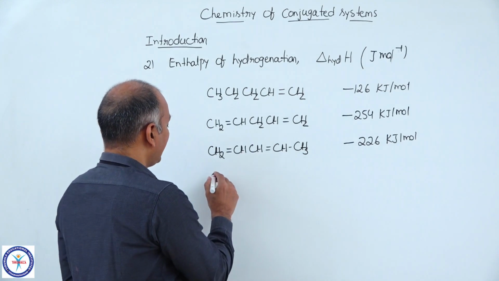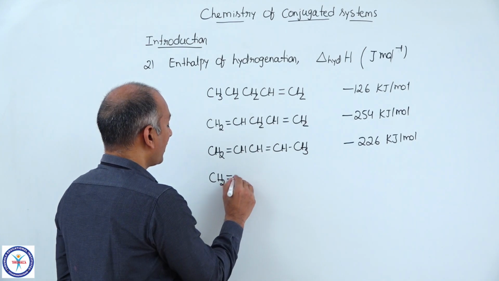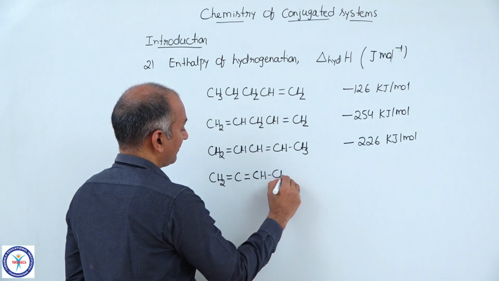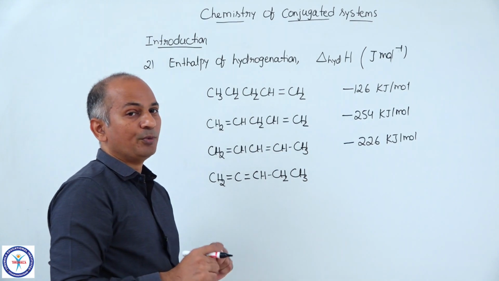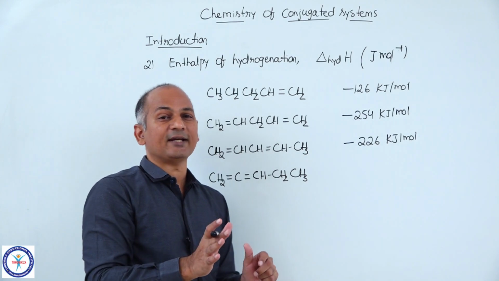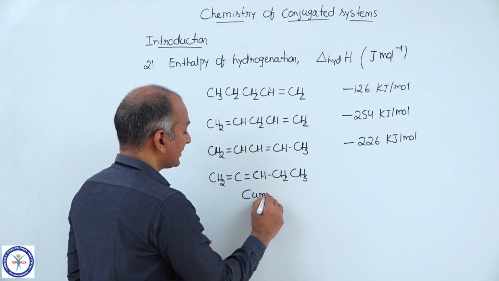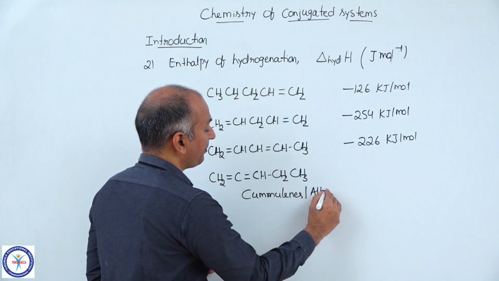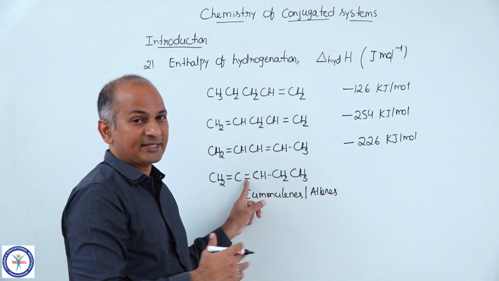Now, if you see the enthalpy of hydrogenation of 1,2-pentadiene, all of you recall, cumulative dienes with consecutive double bonds side by side are highly unstable. Cumulative dienes, which are simply called cumulenes and also allenes, are unstable, maybe because of the repulsion between 2 pi bonds side by side.